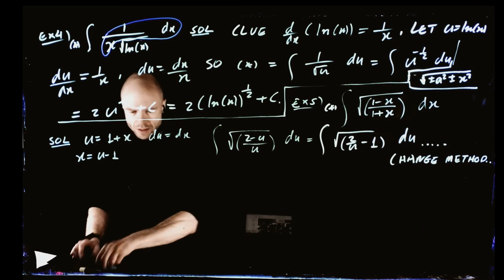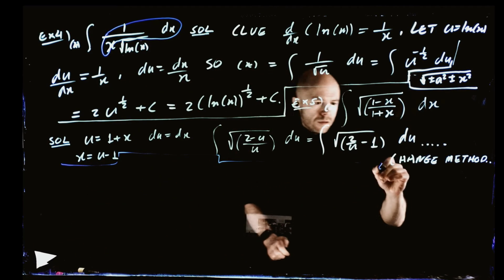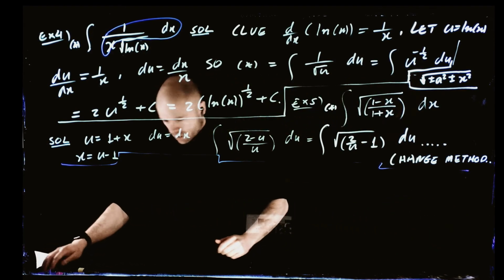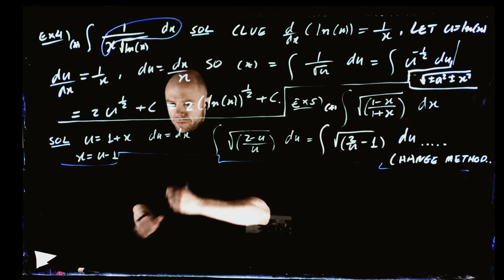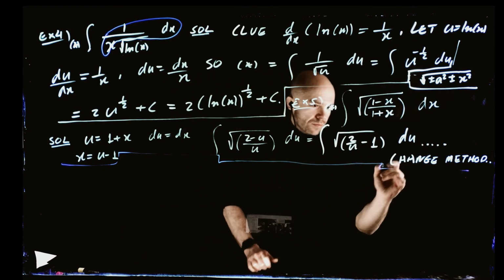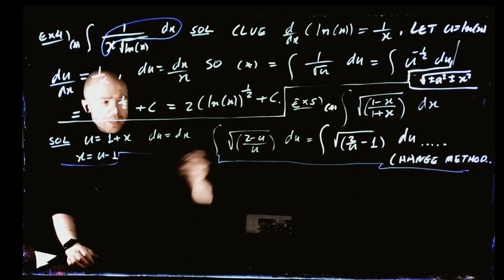So underline this guy. We're not going to keep going with this. It's not good. We could try algebraic simplification again.